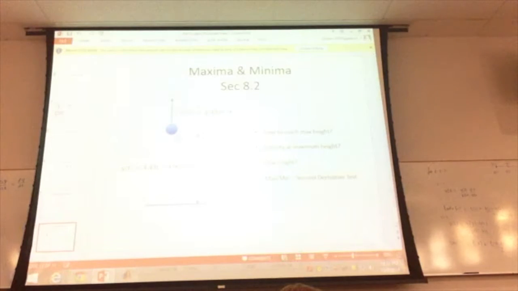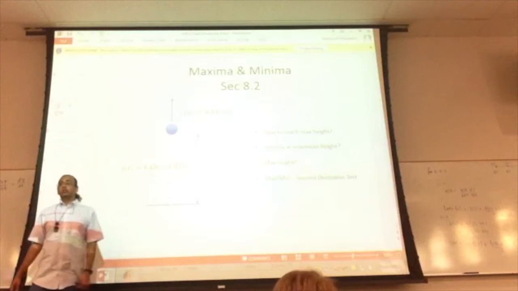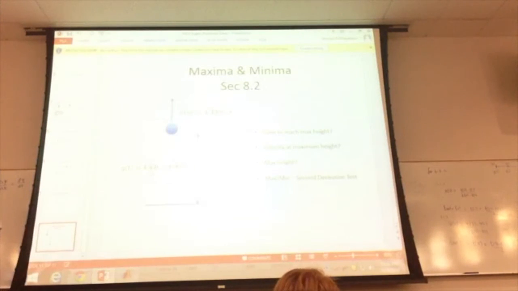Acceleration due to gravity is acting downwards, so I'm going to associate a negative sign with that. The value of acceleration due to gravity is 9.81. So 1/2 of 9.81 is 4.905, and that's how I get this equation. So this is a quadratic equation that represents position as a function of time.